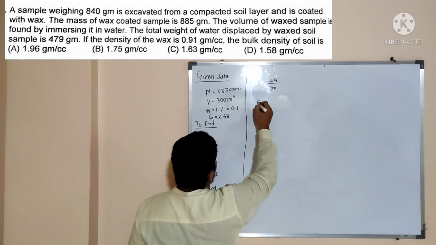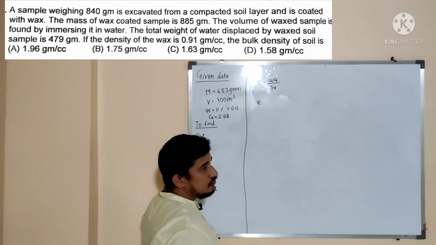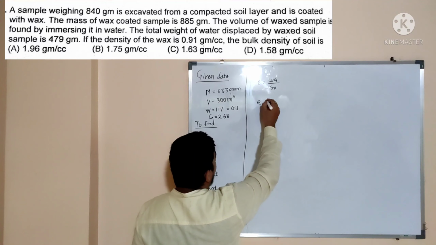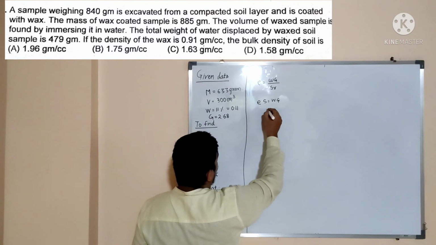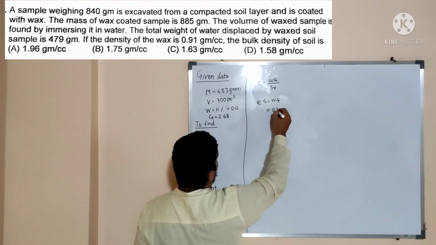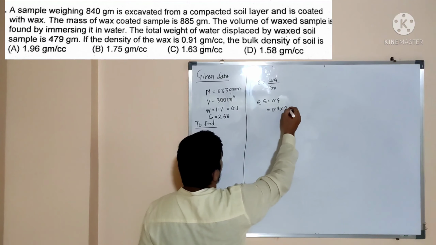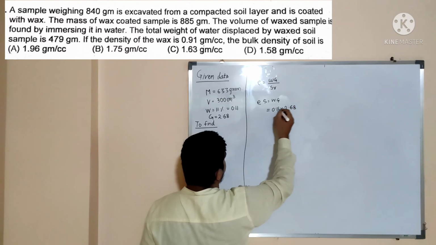Since the degree of saturation is not known to us, eS is equal to w into G. Water content is 0.11, G is 2.68.